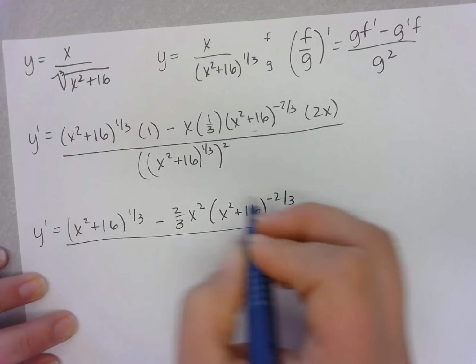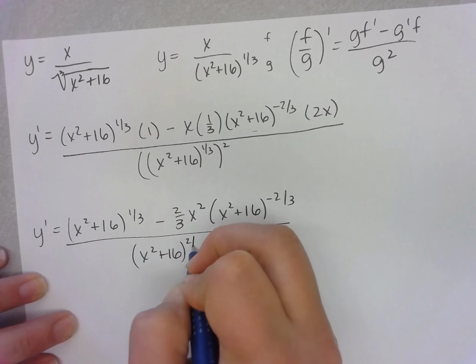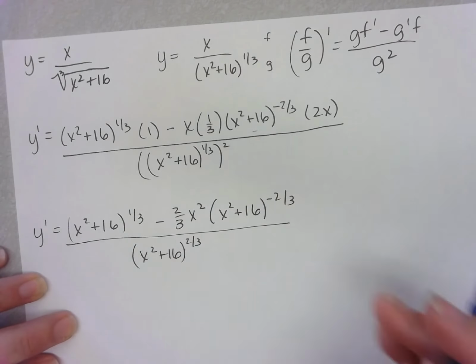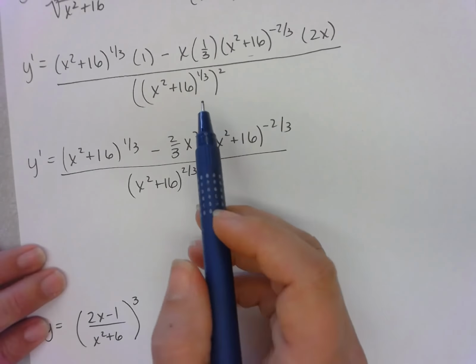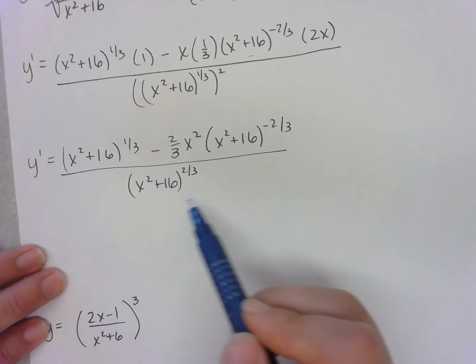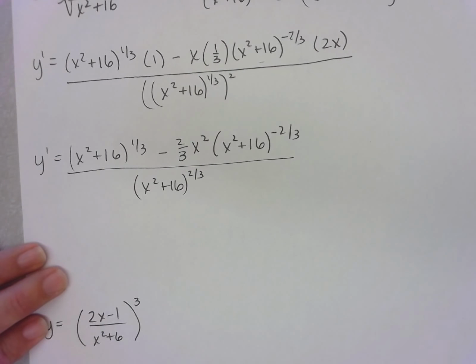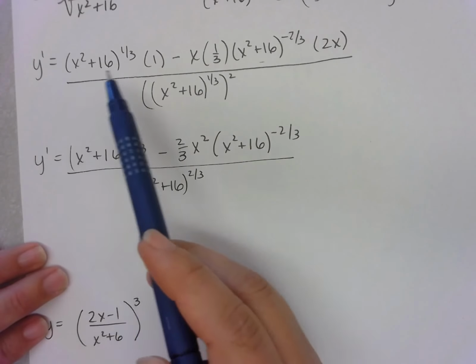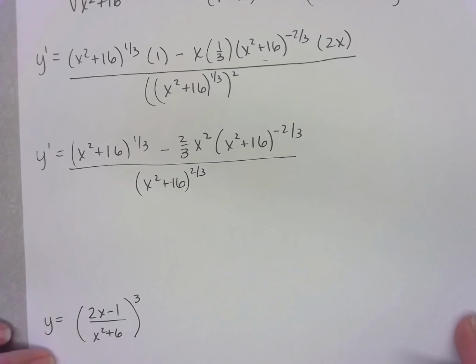And then I would really like it if you could write the bottom as x squared plus 16 to the 2/3 power, because if I raise 1/3 to the second power, I multiply my powers together and I get the 2/3 power. So this is really all I need for you to do for that right now. Up here is really okay, this is just a little bit neater.